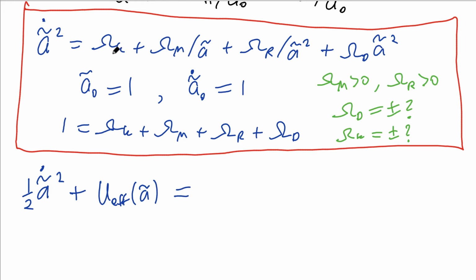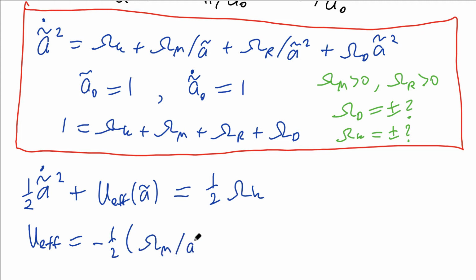We'll leave this term on the right-hand side, and remember we've multiplied through by 1/2, where U effective is minus 1/2 times omega m divided by a tilde plus omega r divided by a tilde squared plus omega d times a tilde squared.